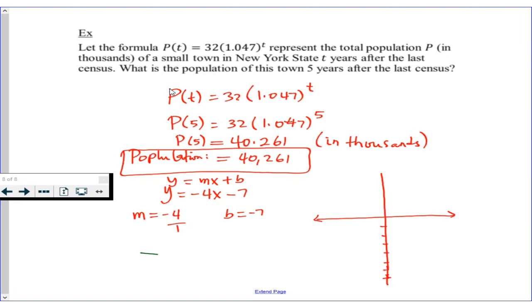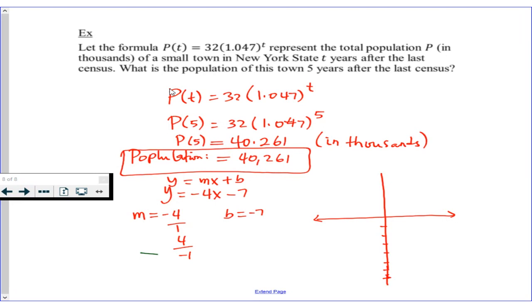Now, if you go down by 4, you may go out of range. So you have two options to graph functions like this. You either go down by 4 and over 1, or up by 4 to the left by 1. So this is the same as 4 over -1. Sometimes if you are out of range, students get confused. But you can change the fraction into 4, which is positive going up, and -1, that means to the left.